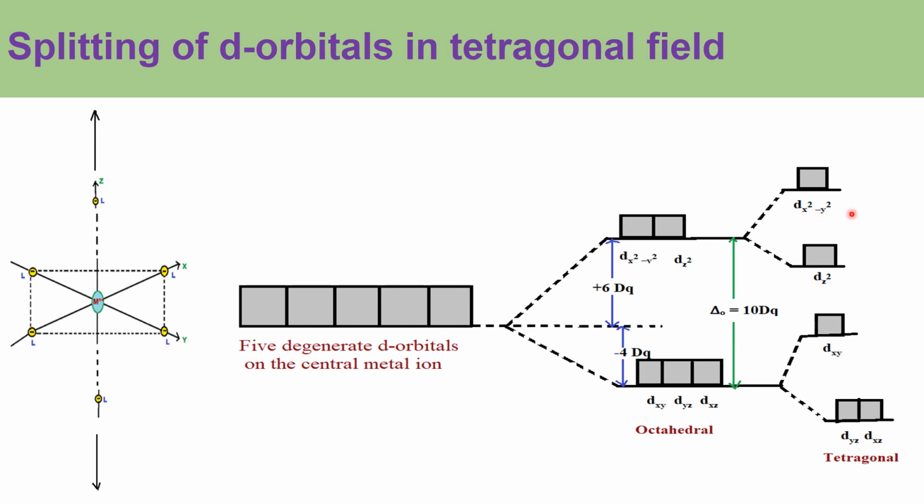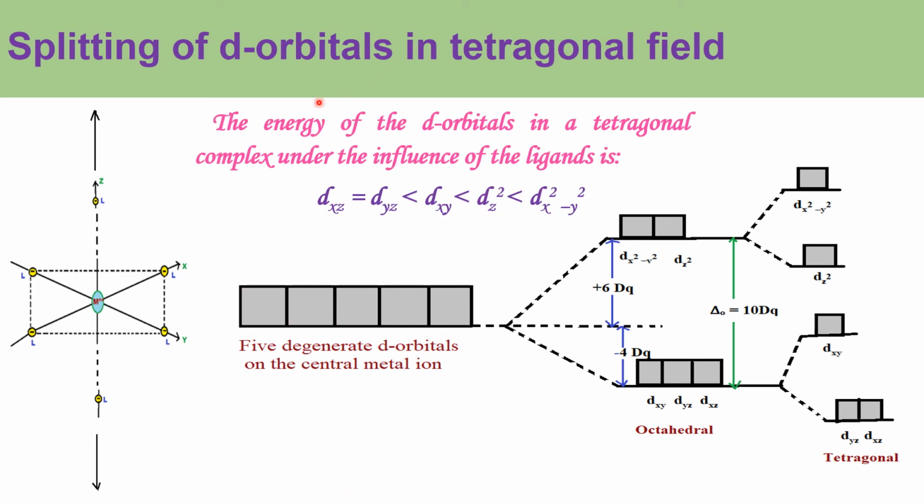So the splitting of d orbitals in a tetragonal field is in this way. Under the influence of the ligands in a tetragonal complex, dxz and dyz have the same energy, that is, they are doubly degenerate here, dxy is somewhat higher in energy, dz square is higher, and dx square y square is the greatest.